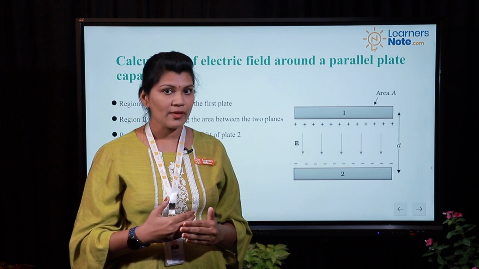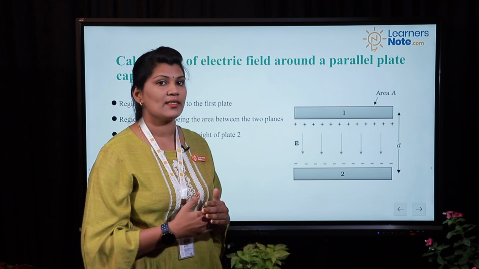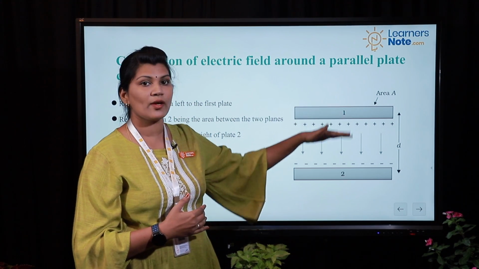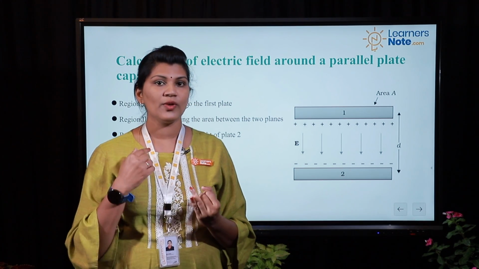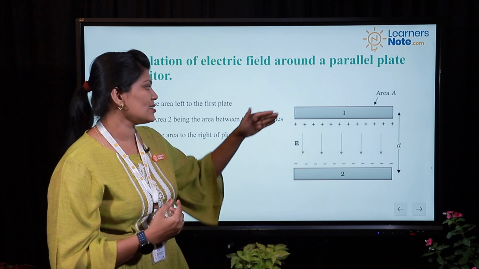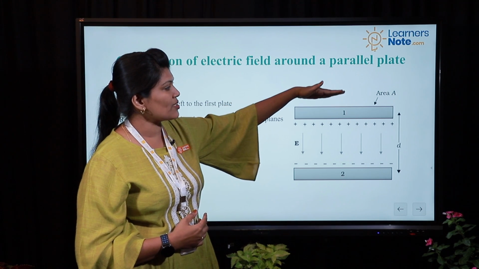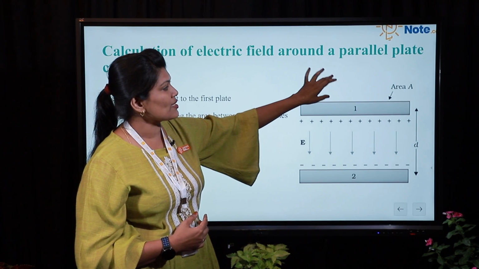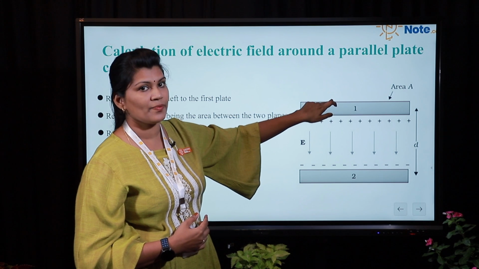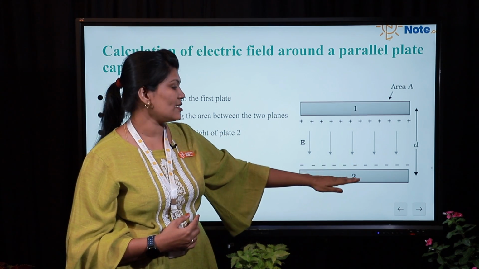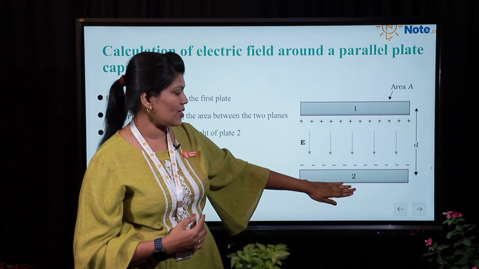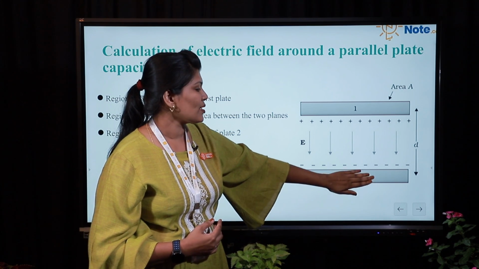In order to derive the expression, we have to divide the area around this capacitor into three, that is region 1, region 2 and region 3. Region 1 consists of the portion on the left side of the first plate, and region 3 is the right side of the second plate.